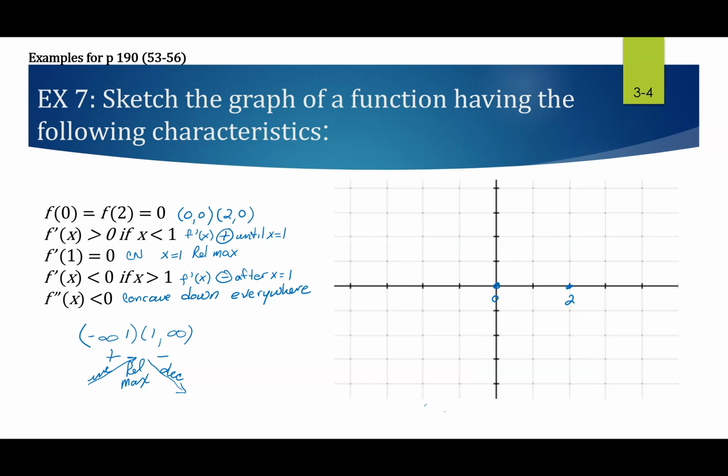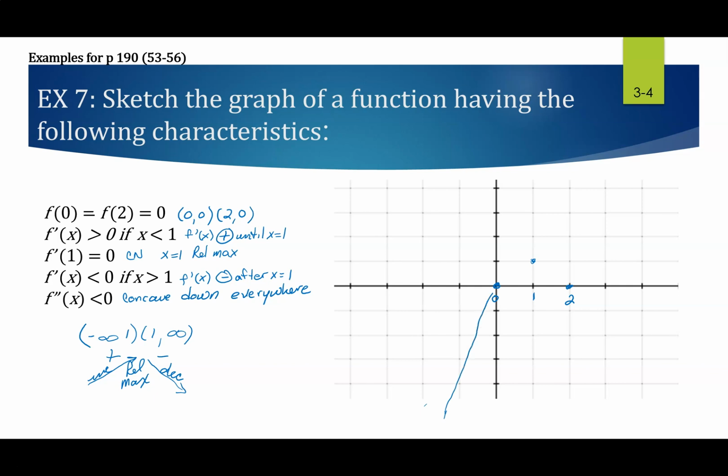Okay, so I know my vertex is at 1. I don't want my concavity to change. I want to make just an average graph. So I'm going to put my vertex right about there. And again, remember, I'm estimating because I know my vertex is at 1, and I would need the actual function to say when x is 1, what is y? So remember, this is an estimate.